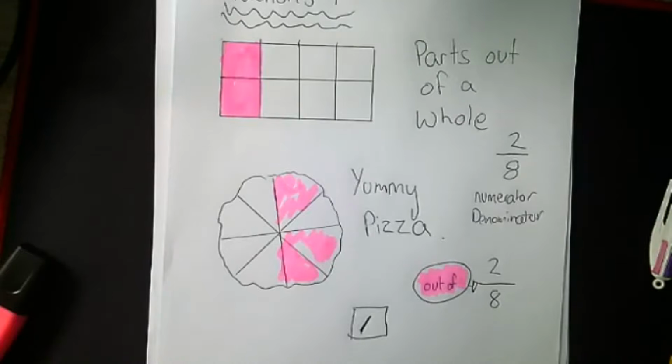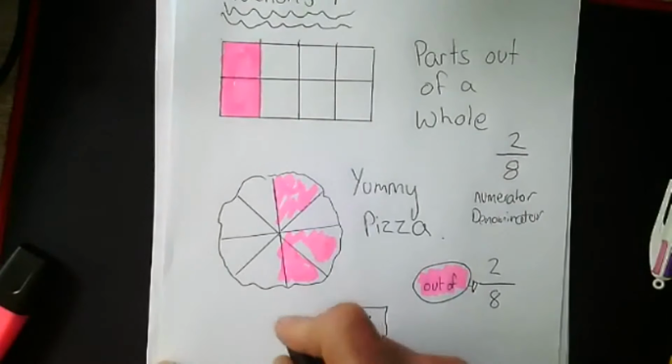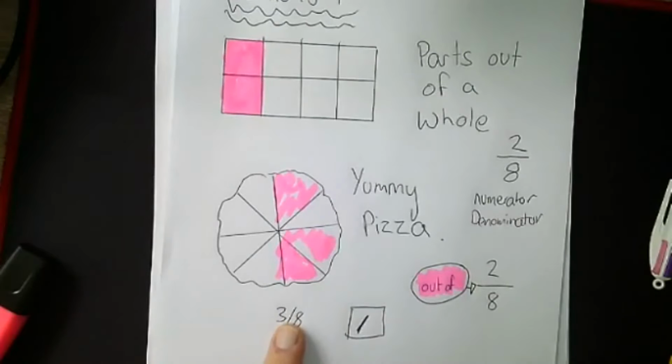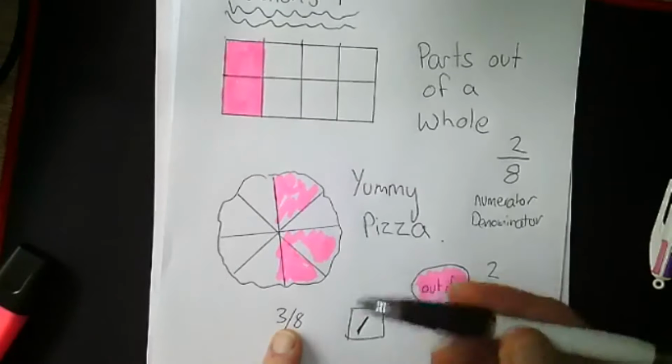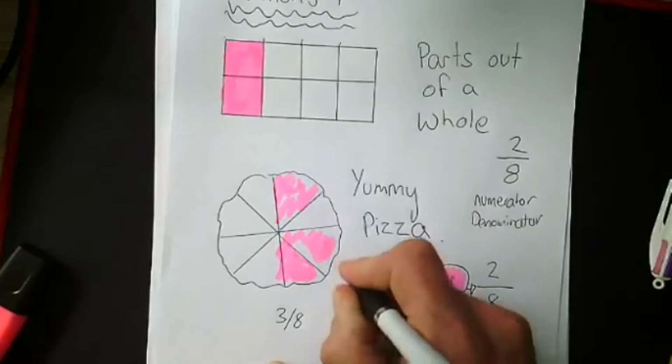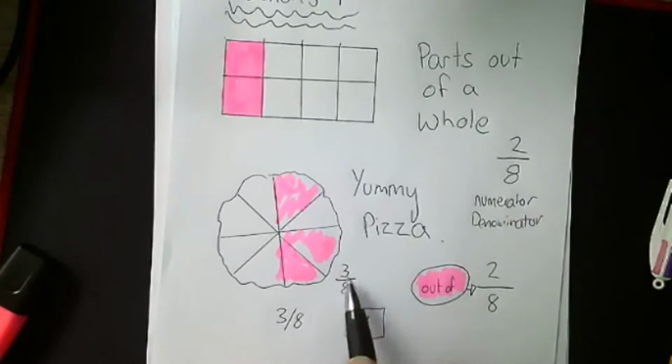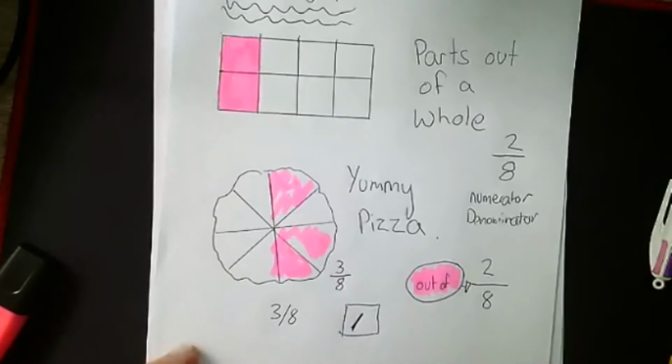Fantastic stuff. So all correct there. As I said, you've probably seen this before, but it's really important that we get these basics this morning. So 3/8. Now, we only use that out of as a shortcut on a keyboard. We would never write that in maths terms. If we've got a pen, we've got to write it properly. It's all right for a keyboard only, but that's the way to do it if we're writing in GCSEs, because you're running a risk of an examiner saying, that's not out of, I'm not marking that right.